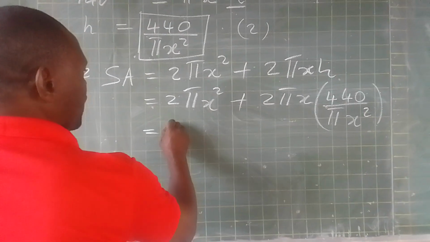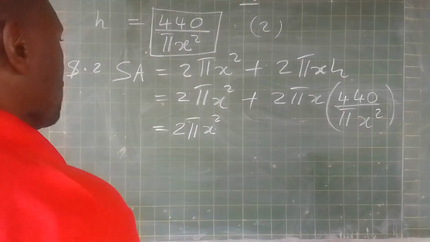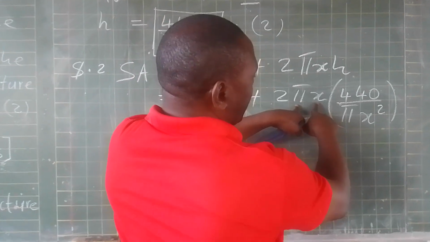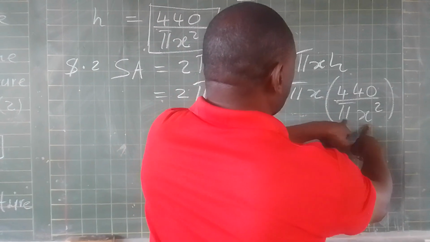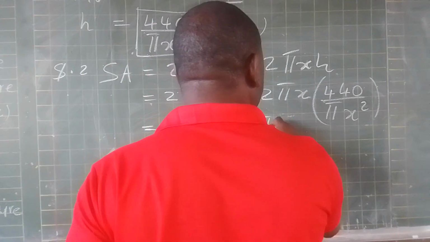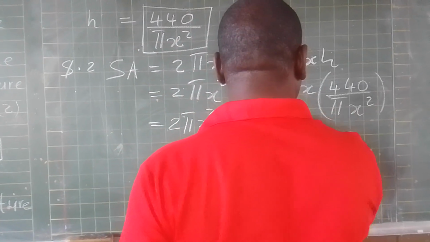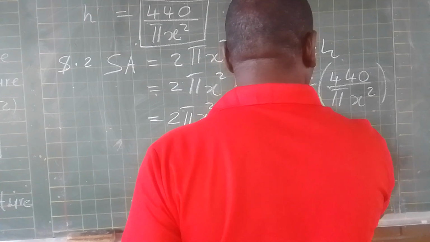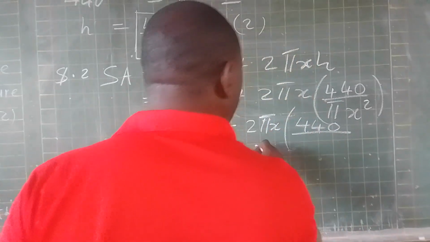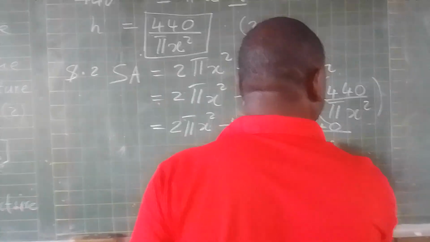Now we take the very same thing across as it is. Here we have pi x, so we can take out 2 pi x as a common factor of 440 divided by pi x. We are left with 1 over x.